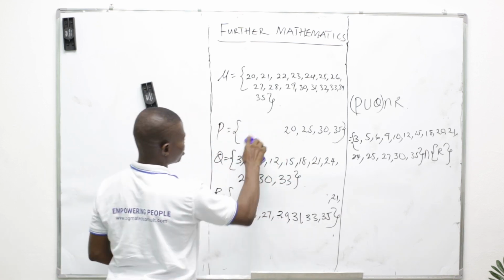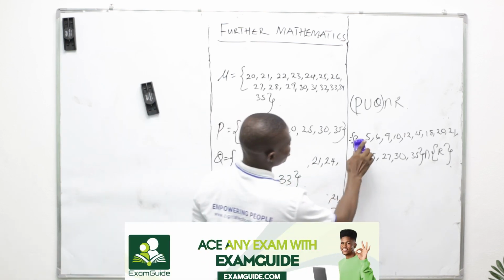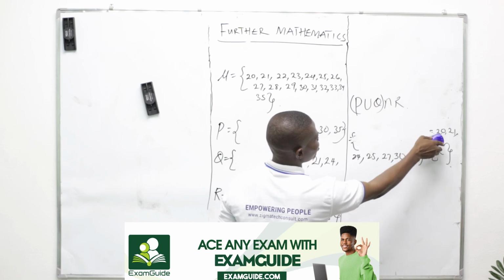Here you're starting from 20, here you're starting from 21. So we don't need 3, 5, 9, 10, 15, just from 20.